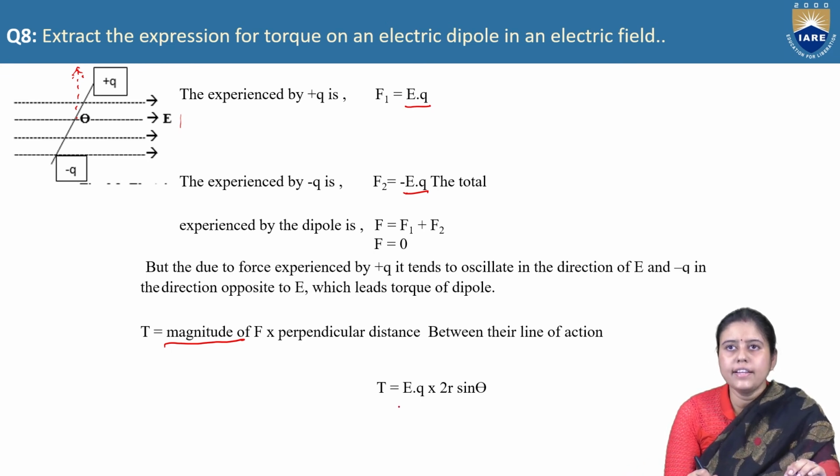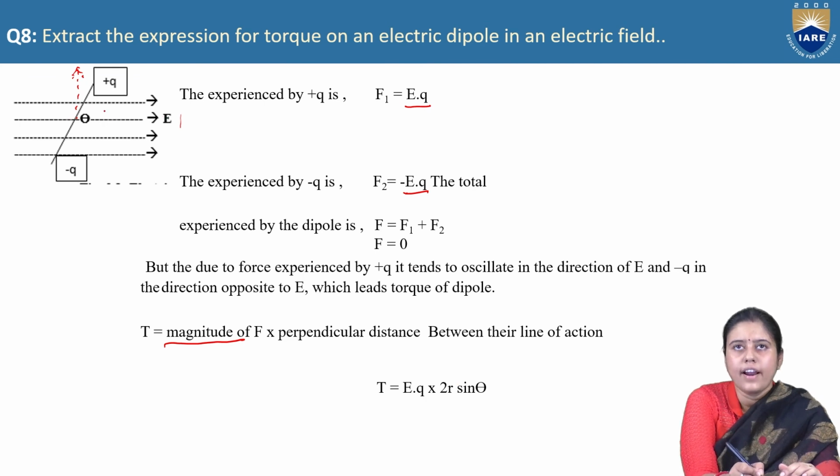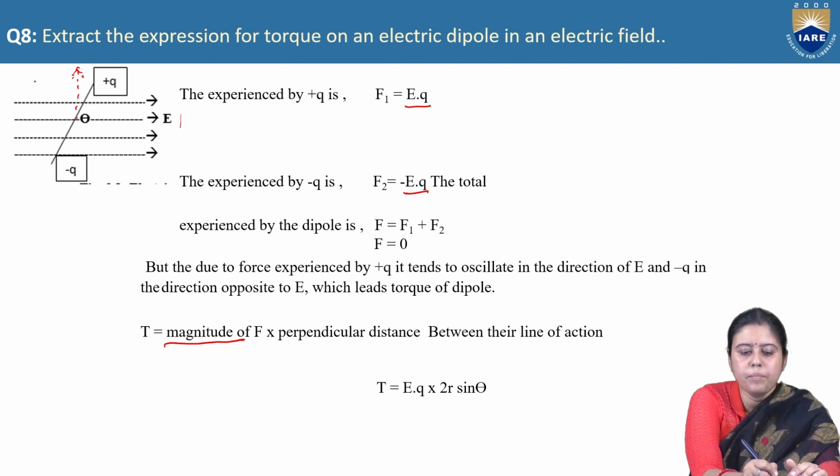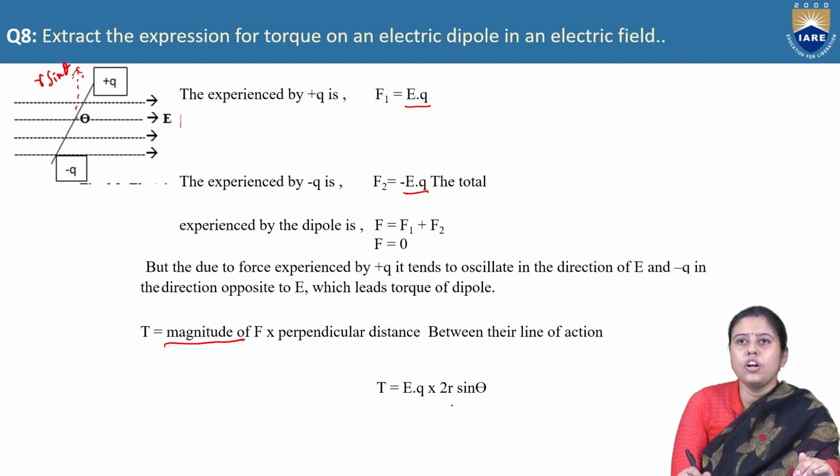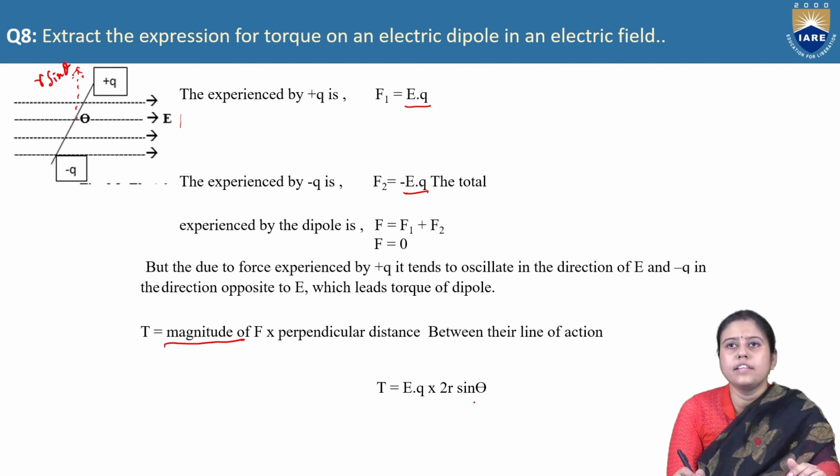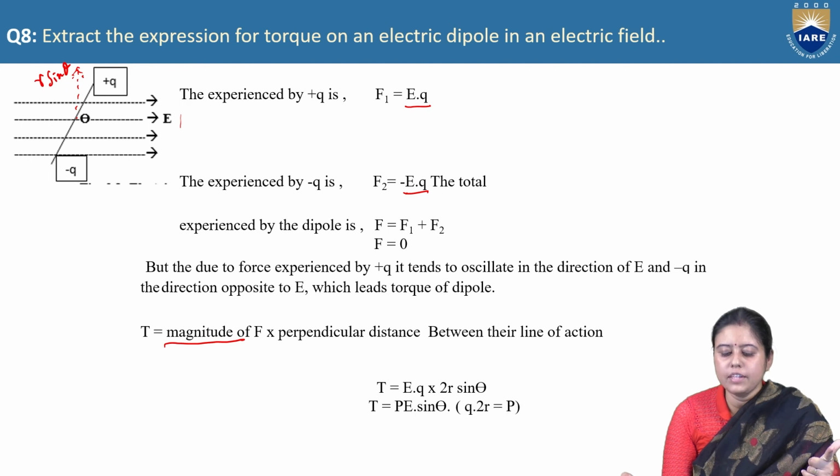So we can write E into Q. If the distance is R and angle is theta, it will be R sin theta. So T is equal to 2R sin theta. Why 2? Due to there being two types of charge, one positive charge and one negative charge.